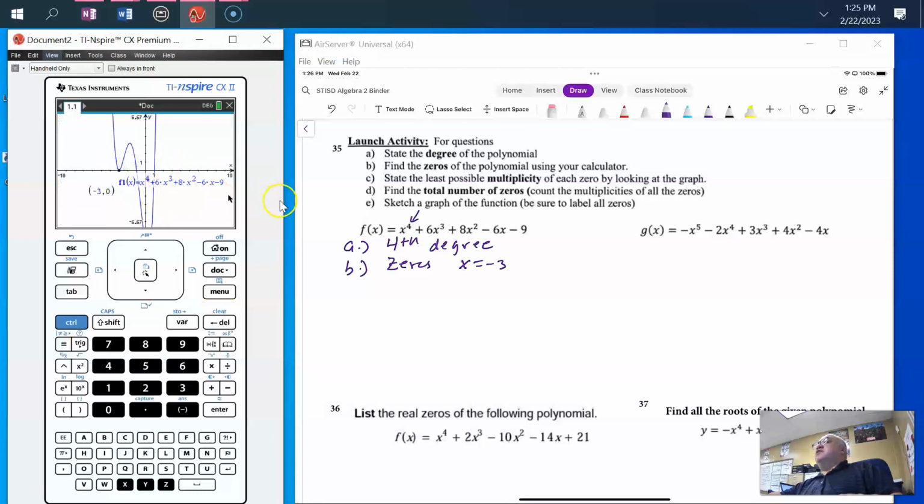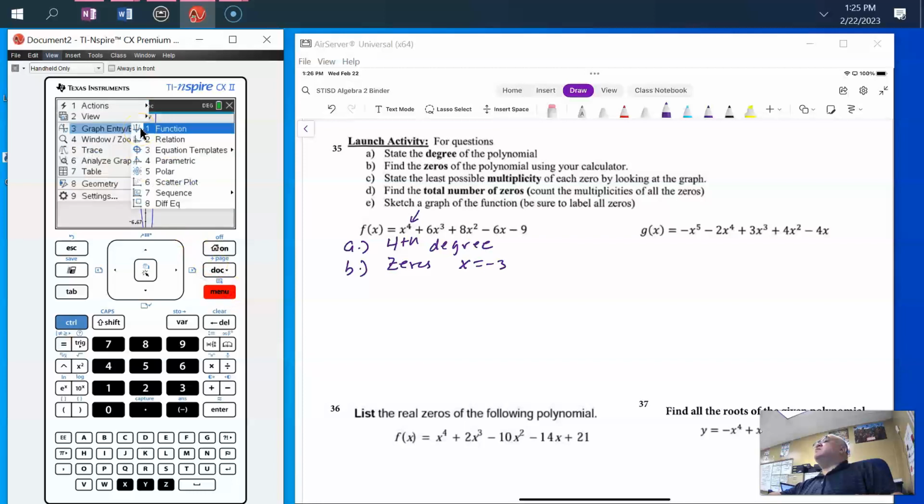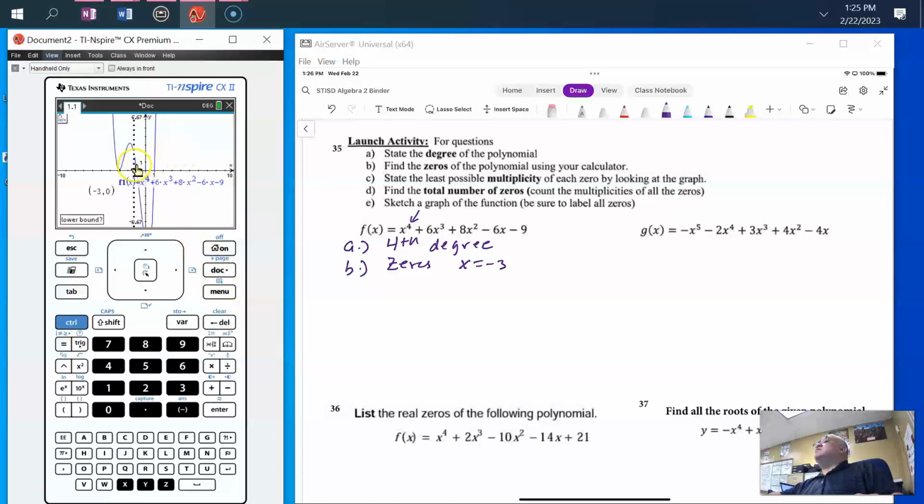So that's x equals -3. If you want to find the other 0, there's the other 0, x equals -1. And of course, the last 0 is 1.